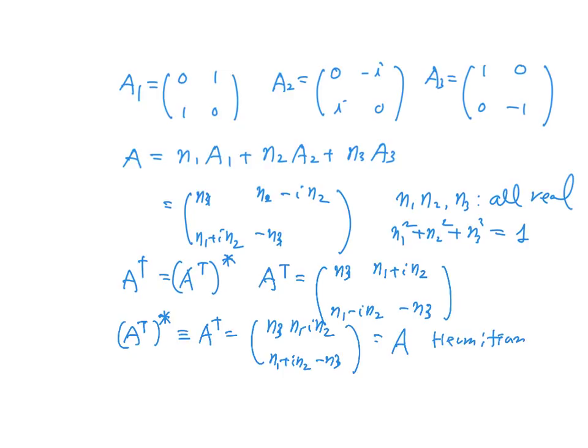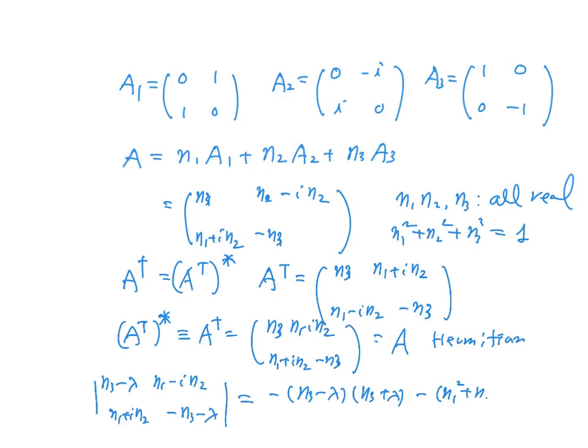The next question is to find the eigenvalue. So finding the eigenvalue, you need to find the determinant: n3 minus lambda, n1 minus i n2, n1 plus i n2, minus n3 minus lambda. That is minus (n3 minus lambda)(n3 plus lambda) minus (n1 squared plus n2 squared).